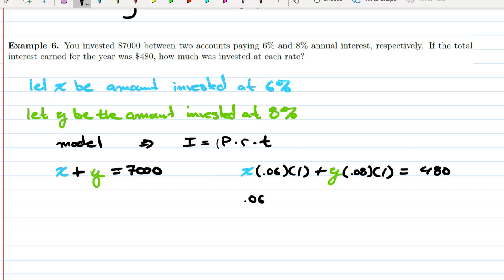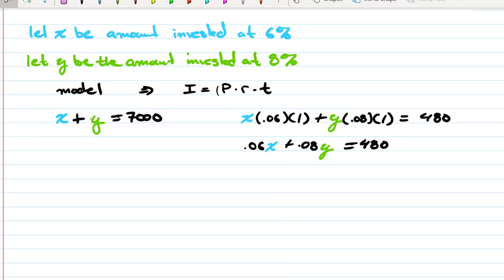So that gives us 0.06x plus 0.08y is equal to 480. We need to solve this linear system for x and y.